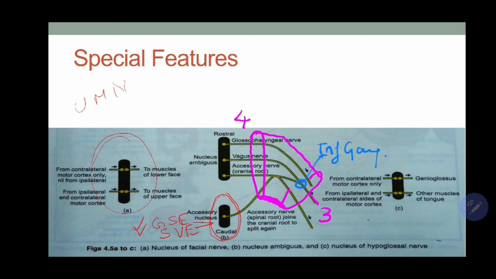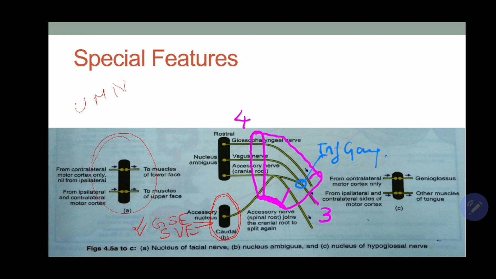Now about the upper motor neurons reaching the hypoglossal nerve nucleus. Remember, the tongue also has a big somatotopic representation on the motor homunculus, area number 4, that is the precentral gyrus.